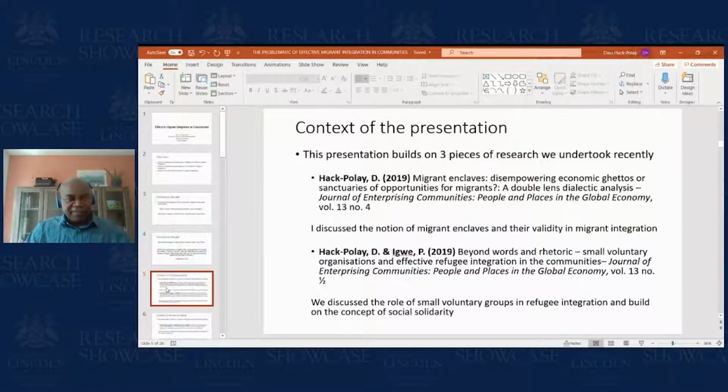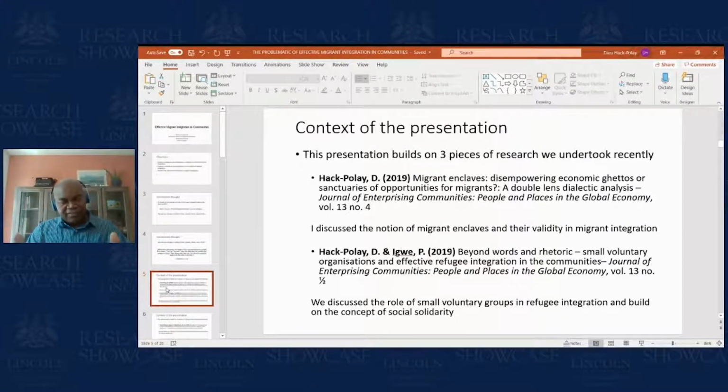So for this presentation, what I'm going to do is look at three different pieces of work that I've done and collate them together to create that notion of effective migrant integration in the communities. I built on one of the articles that I wrote recently.